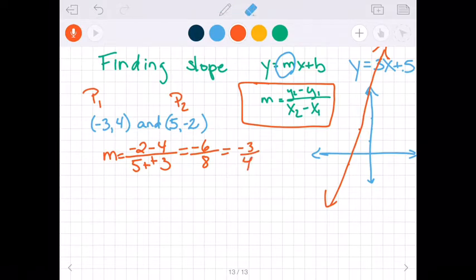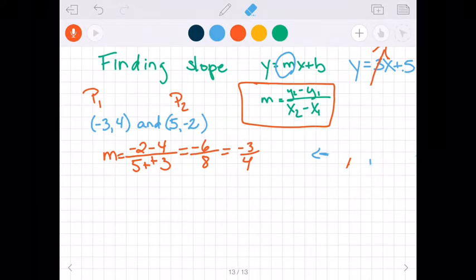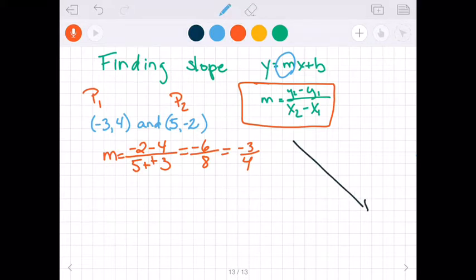And I'm going to erase this graph because this graph doesn't have anything to do with the slope we just found. Hopefully you remember that when you have a negative slope, it means your line is going to be pointed downhill like this. So that's what the negative on the slope means.